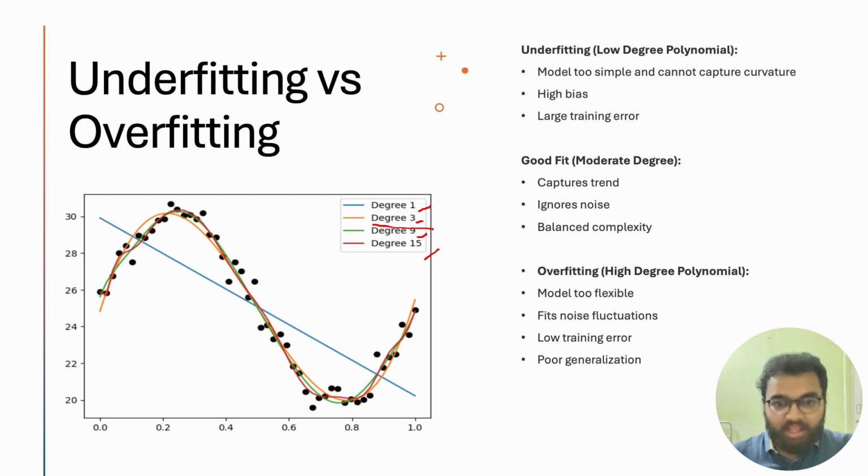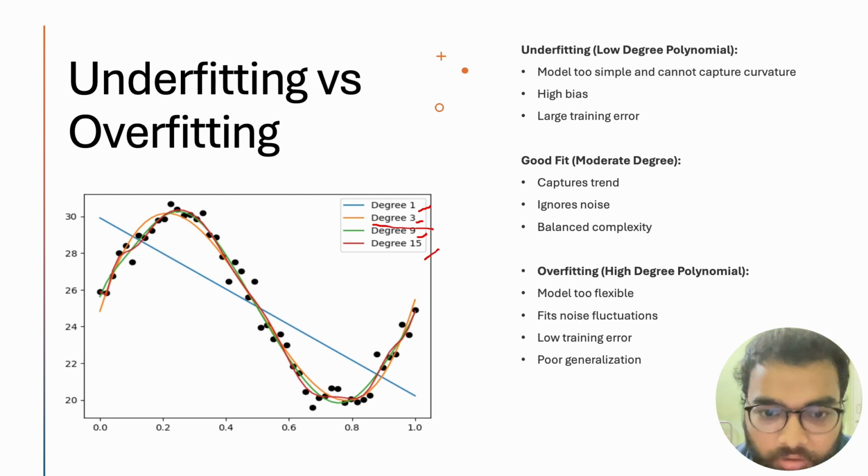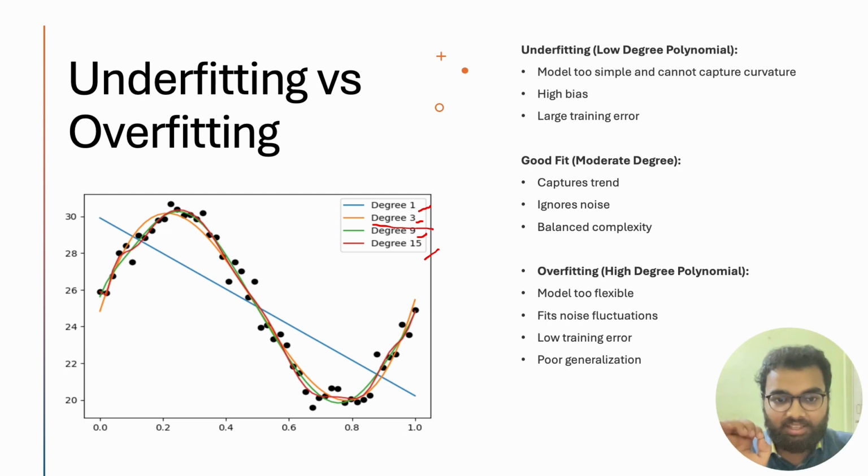But there is a minute difference in that. So in degree 3, as you can see, the curve is more smoother throughout the data set. But in case of a degree of 9, it is deviating a little bit if the points are a little too far. If there is some noise, then it is getting affected, but it is not getting affected that much.